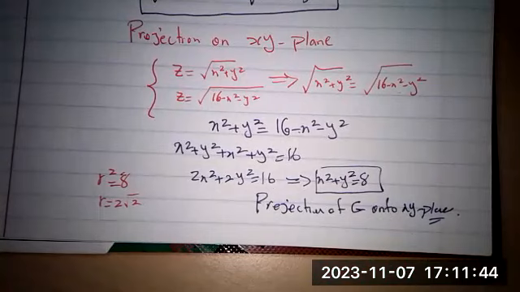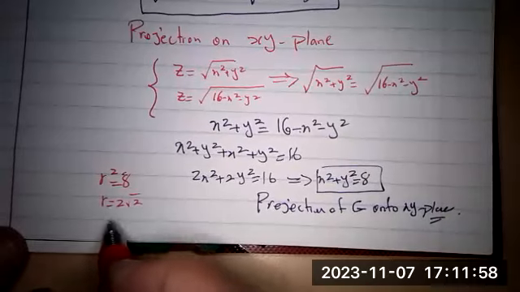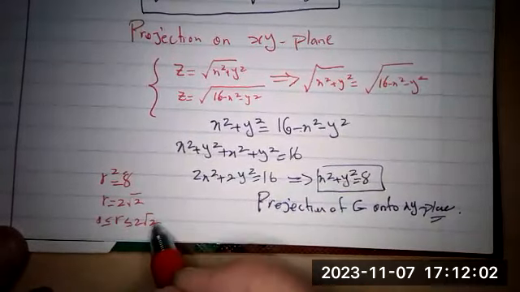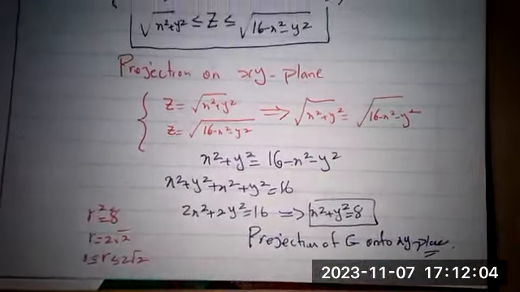And you can stay with the x and the y to get the semicircle to the top, to the bottom. You can change it to the r and quickly go to the cylindrical coordinate. So your r is going to be between 0 and 2 radical 2. This is going to be your r.